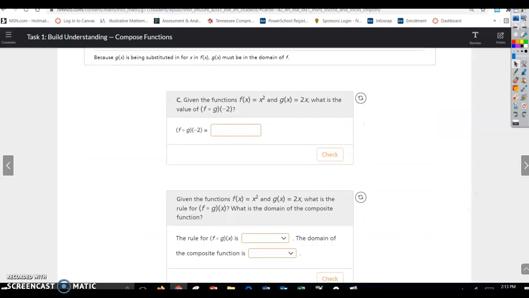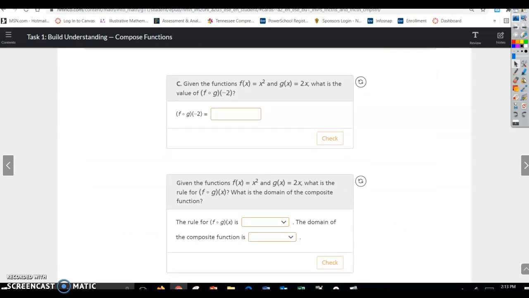All right, given the functions f of x equals x squared and g of x equals 2x, what is the value of f of g of -2? Algebraically, you always start with the first function. So you input -2 into the g function. We have 2 times -2, and that equals -4.